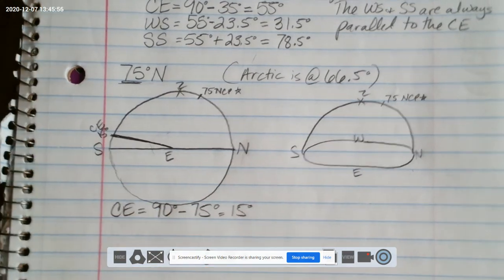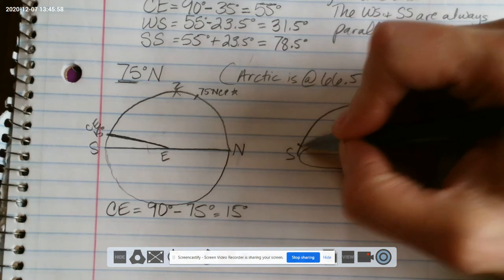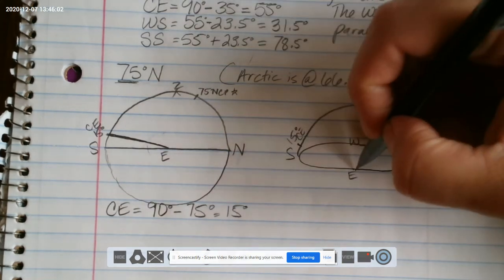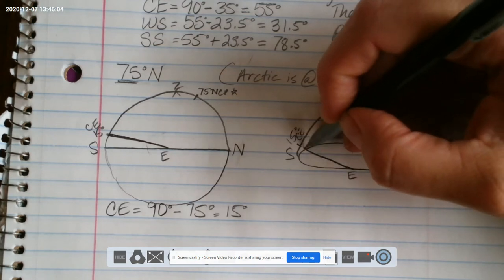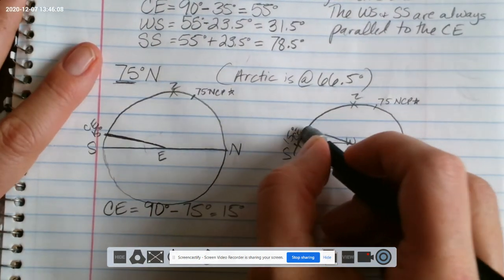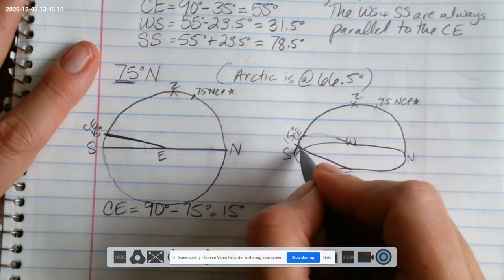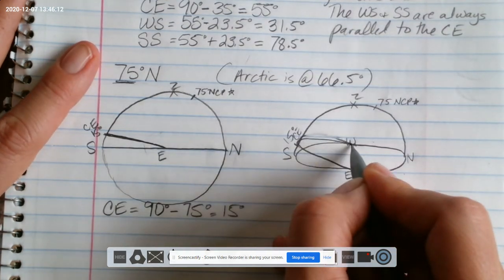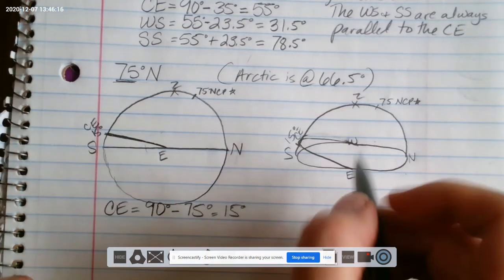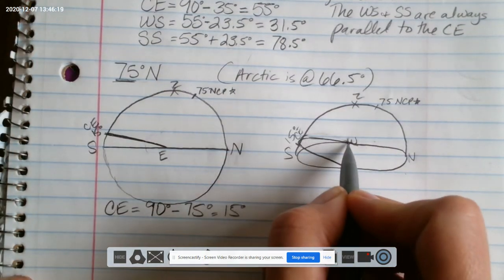And if I were to do it on this one, it's going to barely peak at 15 degrees. Oops, that's not a very good curve there. And then it's going to set exactly west. So this is our celestial equator. This is our equinox days.